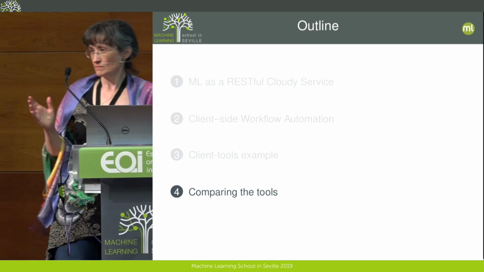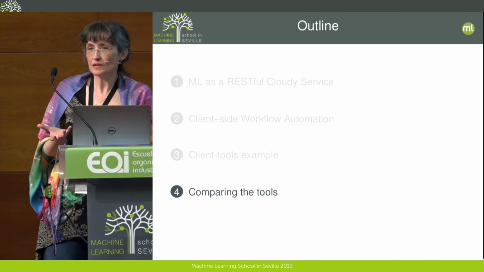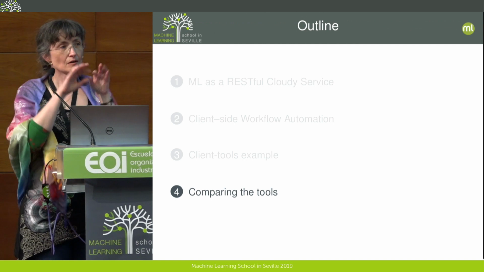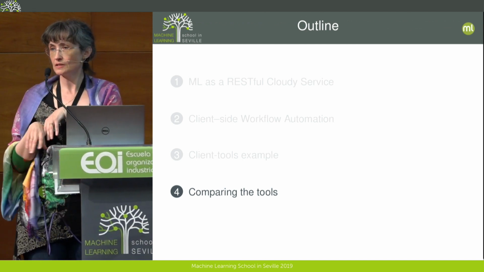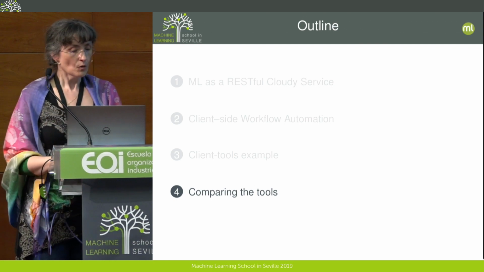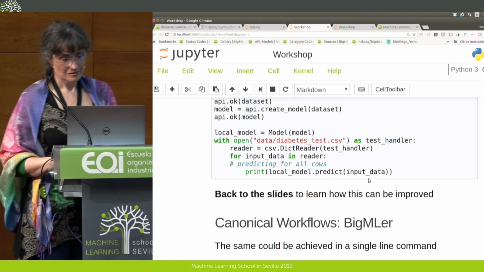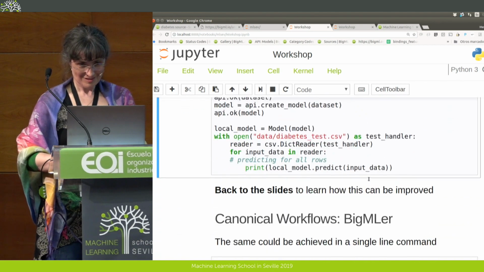Can we do better? Can we do something that helps us do the workflows without having to code step by step, saying now you have to create the source, now the dataset, now the model? Well, it turns out that we can, otherwise I would not be saying this.